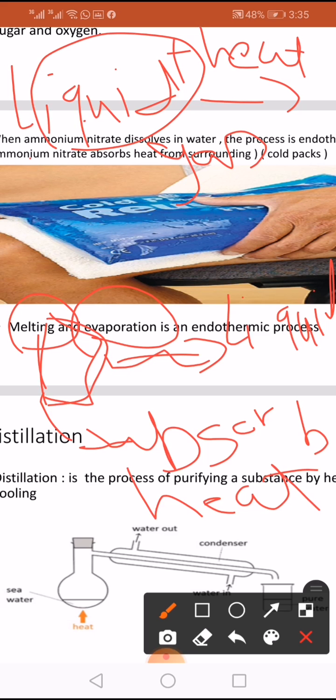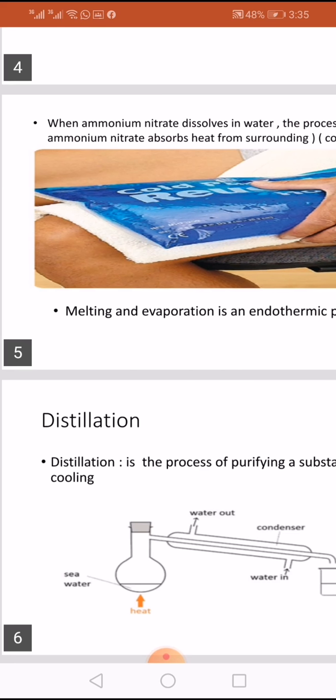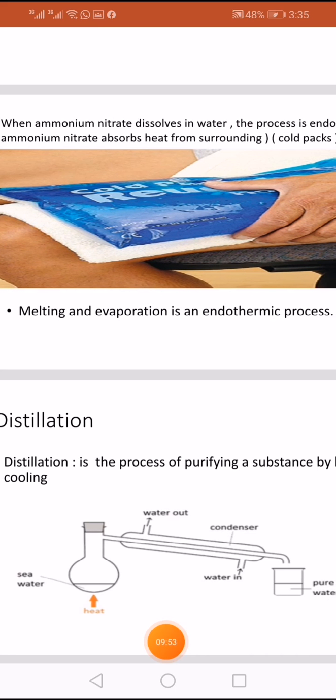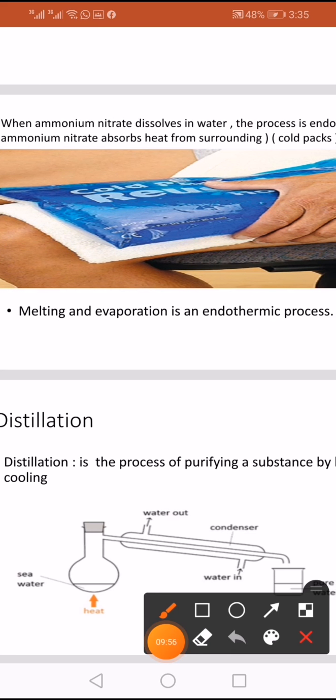For example, when you put water in a boiler or in a kettle, what happens? The water inside the kettle absorbs the heat from the kettle and then turns into vapor. So this process is called an endothermic process.